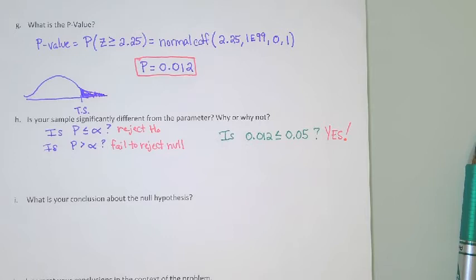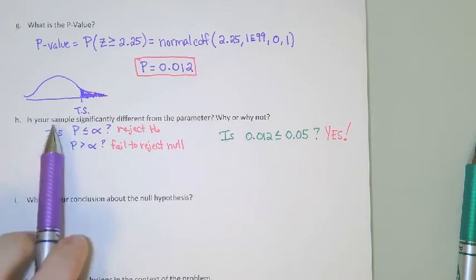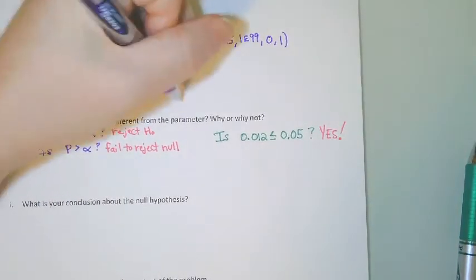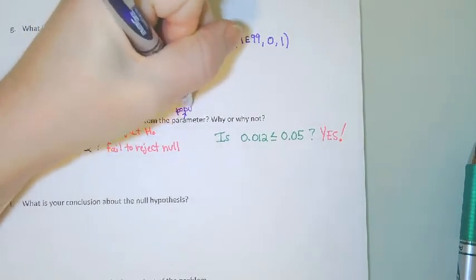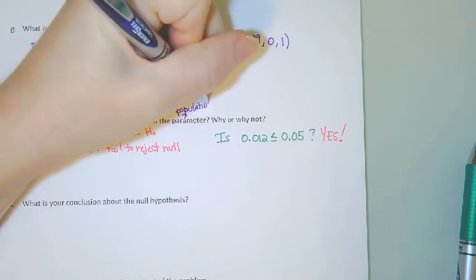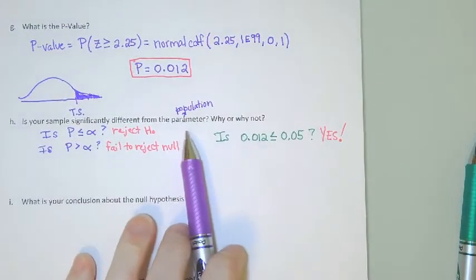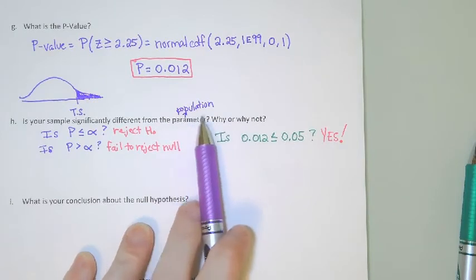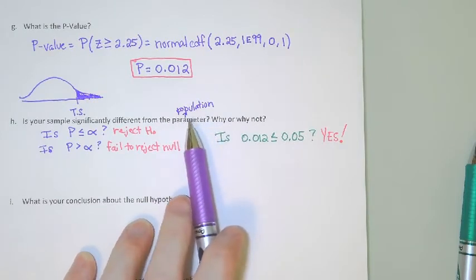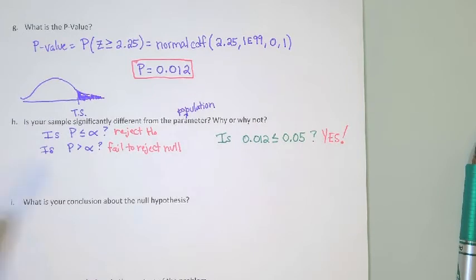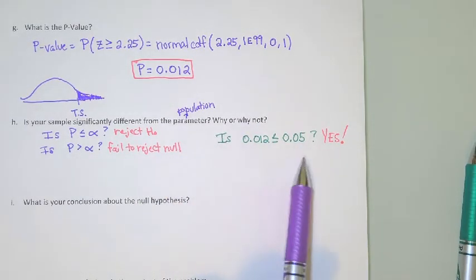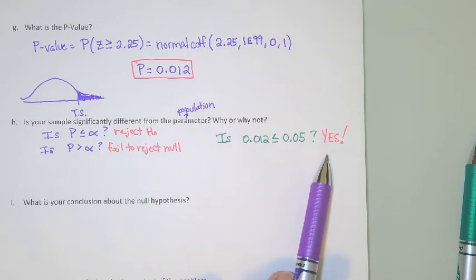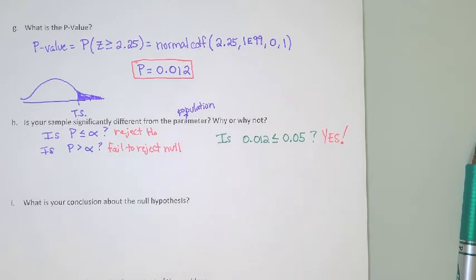Remember that statistics go with samples and parameters go with populations, so don't let that word throw you off. They're just referring to the population proportion. Because our p-value was less than the level of significance, yes, it is statistically significant.